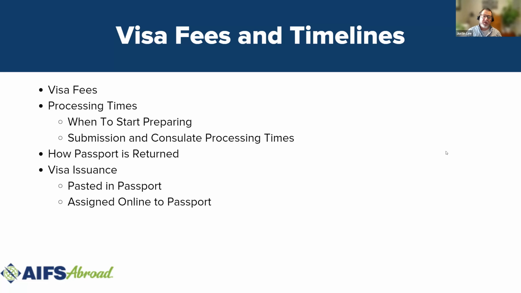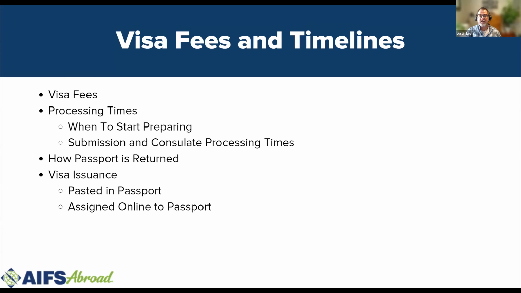And of course, we're here to guide them as well. Depending on the country or location, the program manager or advisor can hold specific visa webinars so that students can understand better and ask their questions in a group environment with the appropriate AIFS staff member.